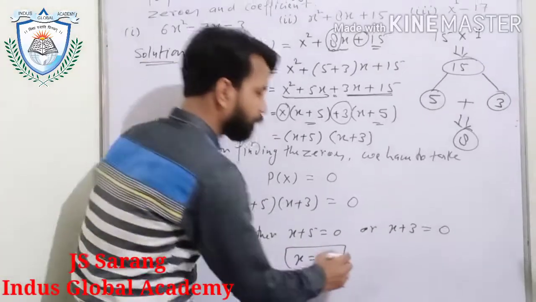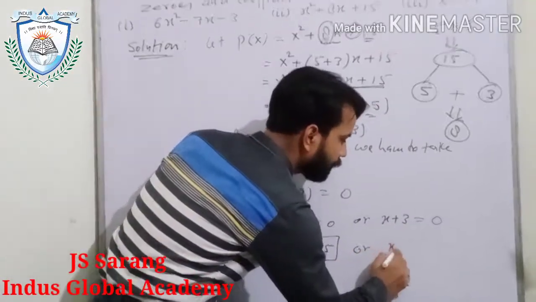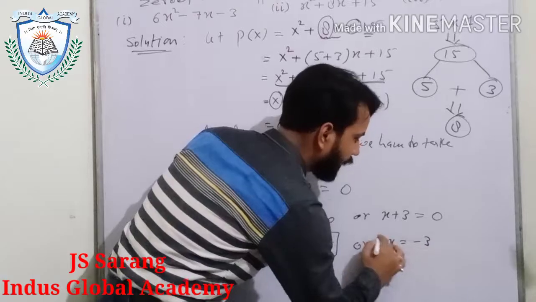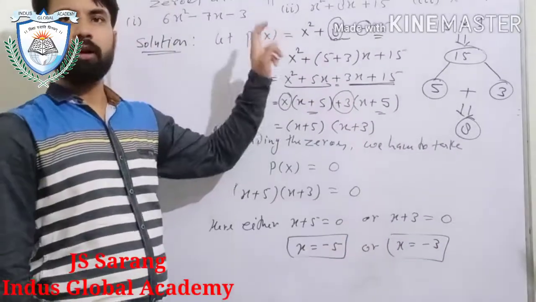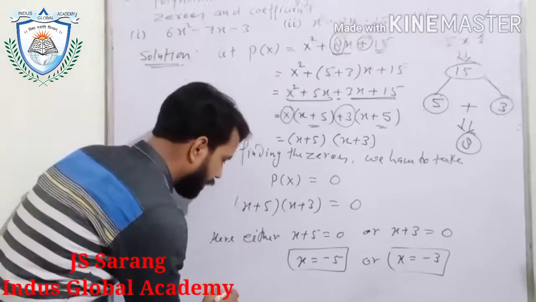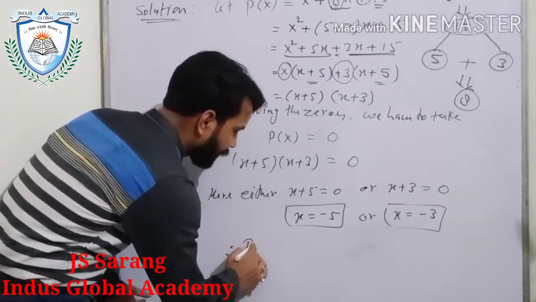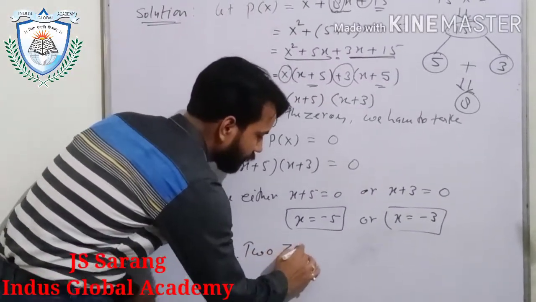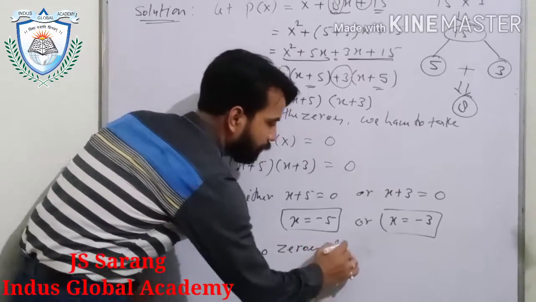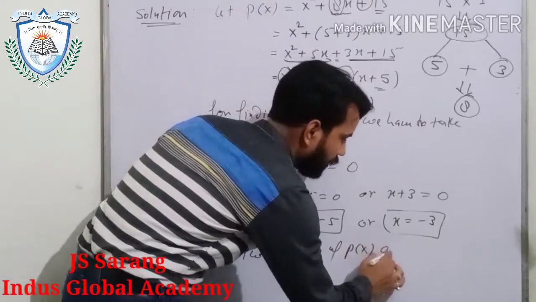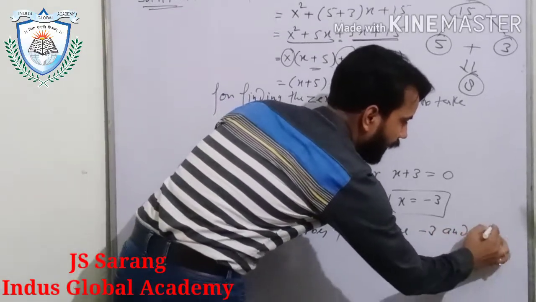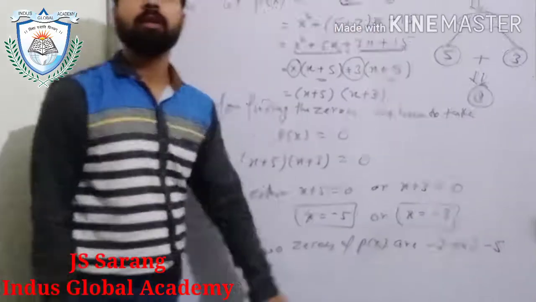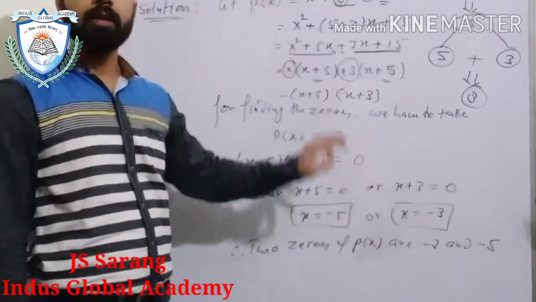Or if x plus 3 equal to 0, then x is equal to minus 3. Hence, these are the 2 zeros of p(x). So we can write, hence the 2 zeros of p(x) are minus 3 and minus 5. So half part of the question is solved here.